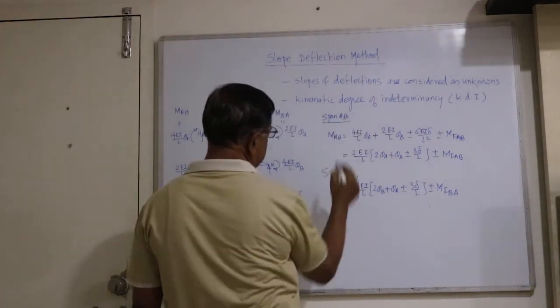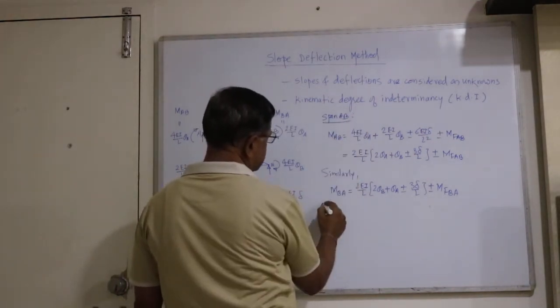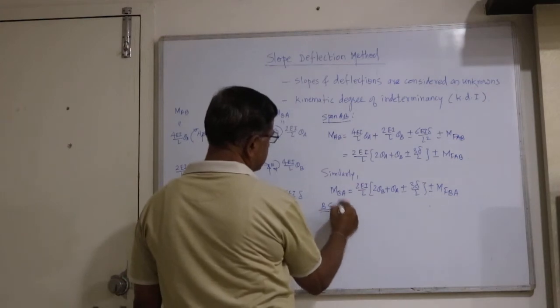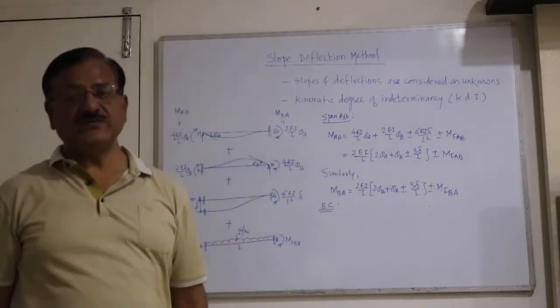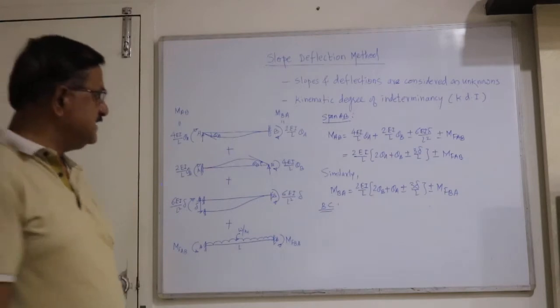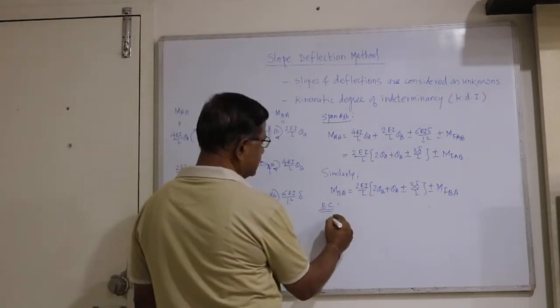Suppose you have another span, if it is a continuous beam, and your span is say BC. If you have a second span BC, how will you write this equation?